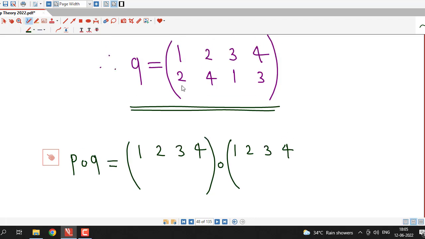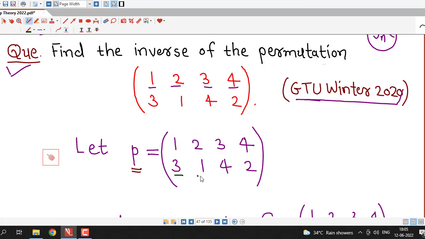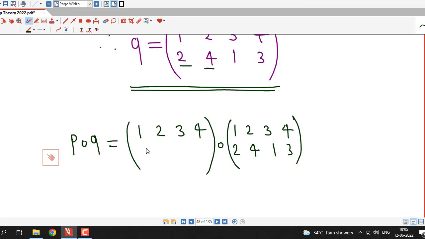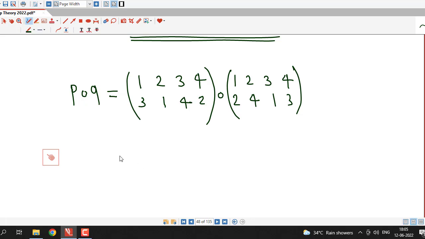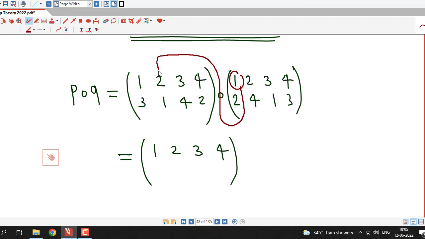So Q we have obtained is 2 4 1 3, and let me see what is given permutation P. It is having images 3 1 4 and 2. So here we write 3 1 4 and 2, and if we take this composition, our answer must be identity permutation. As we know, we start from this. Image of 1 is 2, and then we go here.